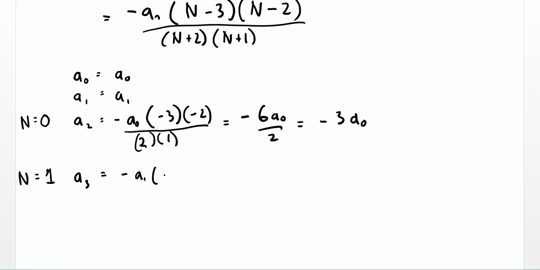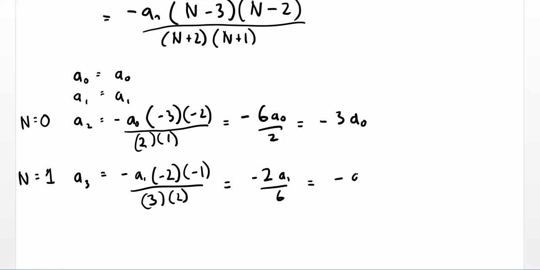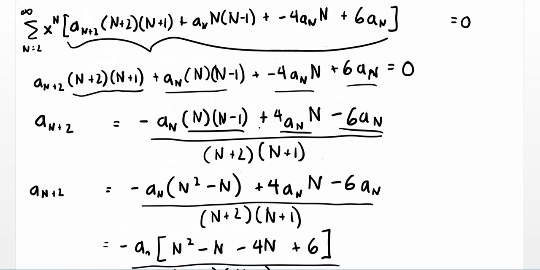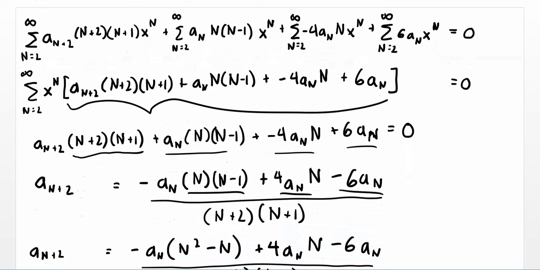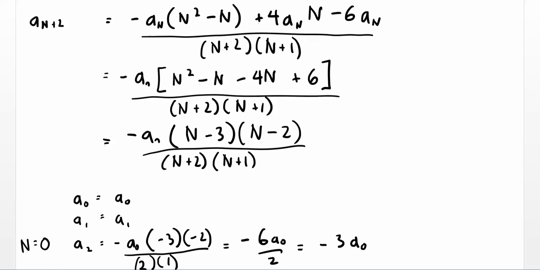We're going to have negative 2, negative 1, all over 3 times 2, equal to negative 2a1 over 6, which is negative a1 over 3. And again, you have that from earlier. a3 is negative 1/3 a1. So our formula is correct.